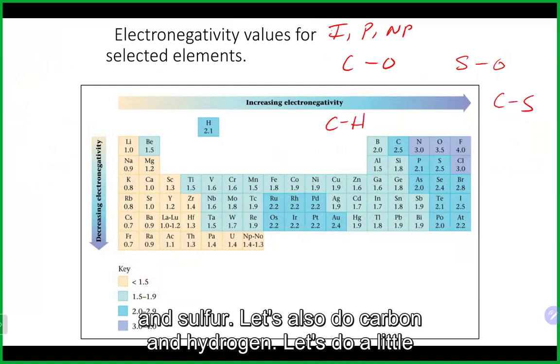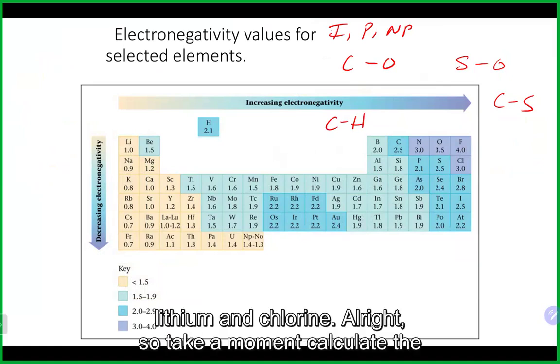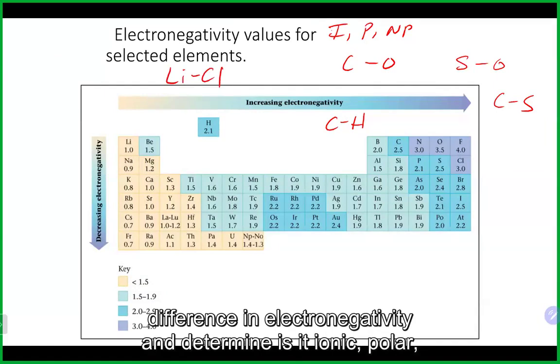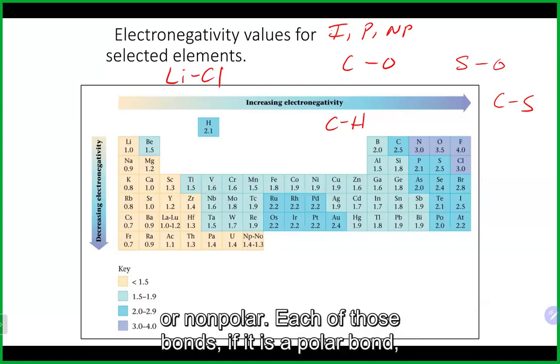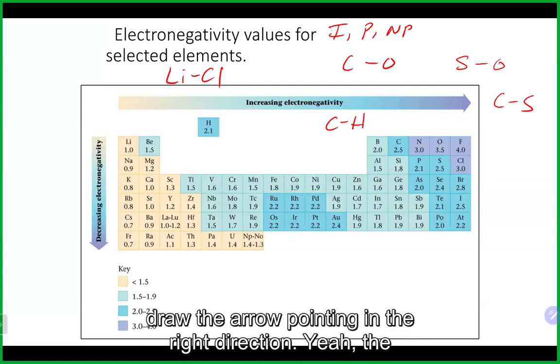Let's do lithium and chlorine. All right, take a moment to calculate the difference in electronegativity and determine whether each of those bonds is ionic, polar, or nonpolar. If it is a polar bond, draw the arrow pointing in the right direction, the dipole arrow.